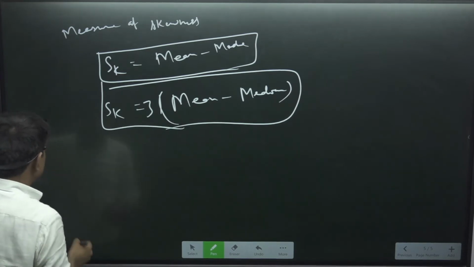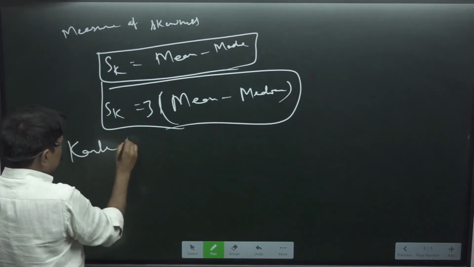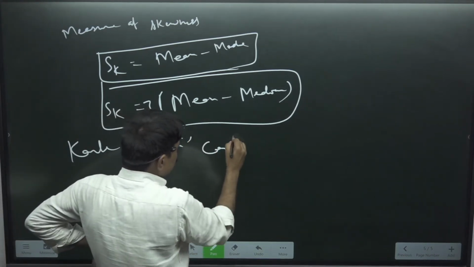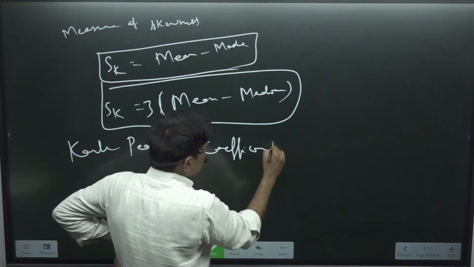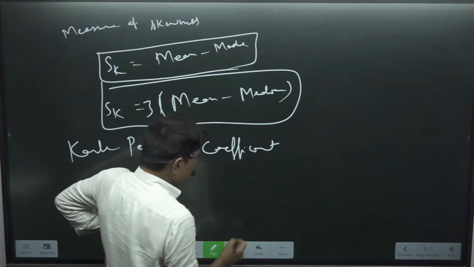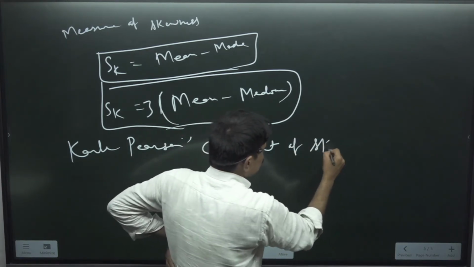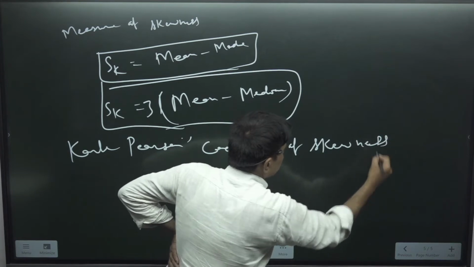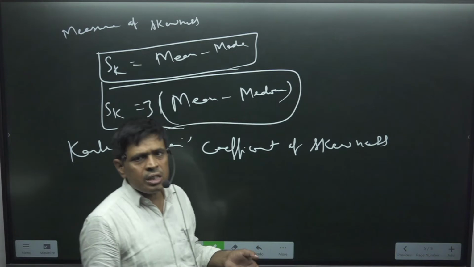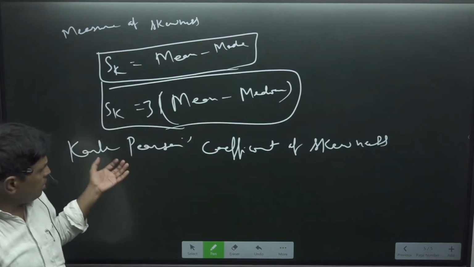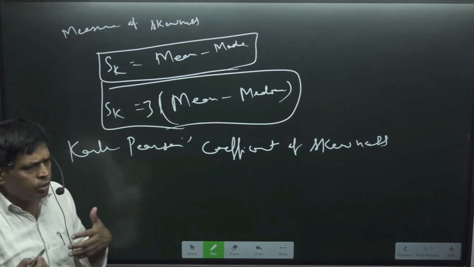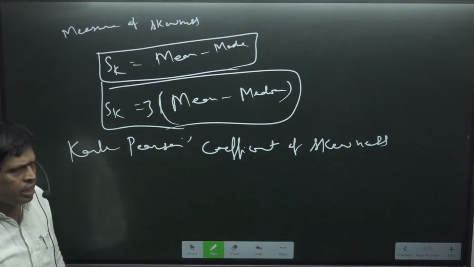According to Pearson's coefficient of skewness. Pearson was a British mathematician and biostatistician who developed a lot of relations and theories in statistics as well as mathematics.